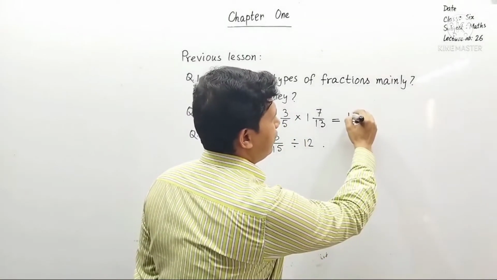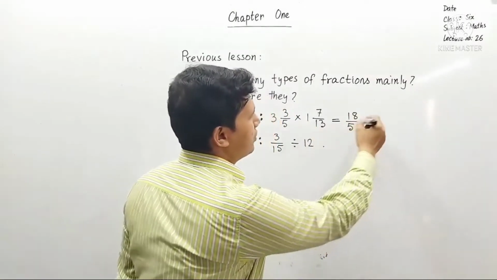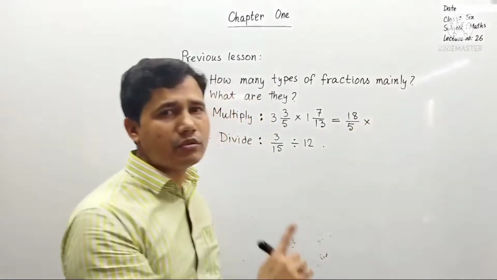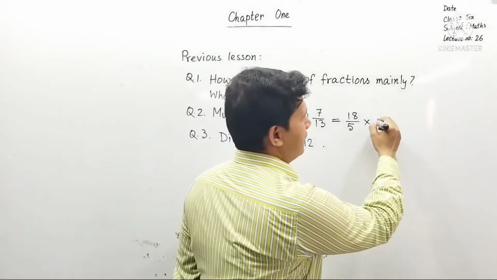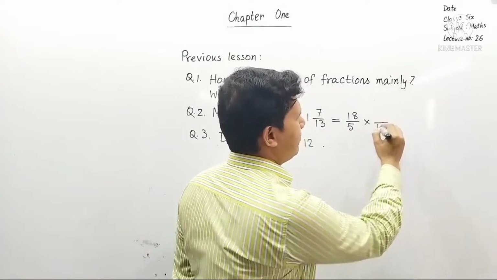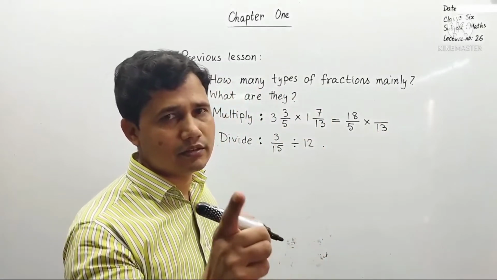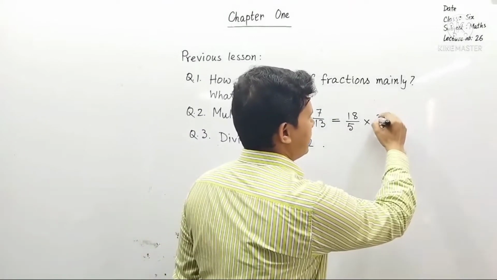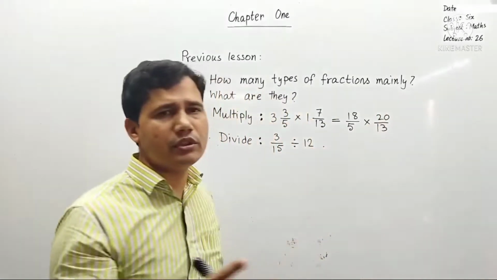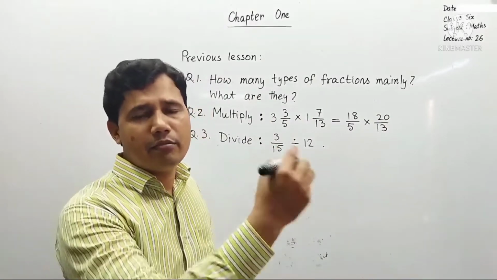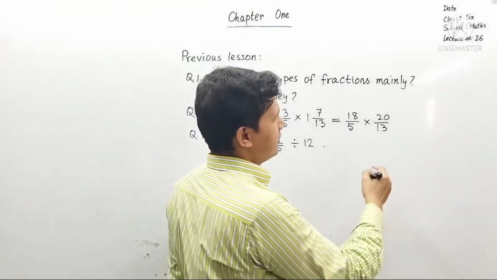So here numerator will be 18. Convert the other the same way. Denominator will be the same, 13. 3 times 13 is 39... 13 plus 7, 20, right, 20. You will do the sum one below another and write on the right side. Okay.